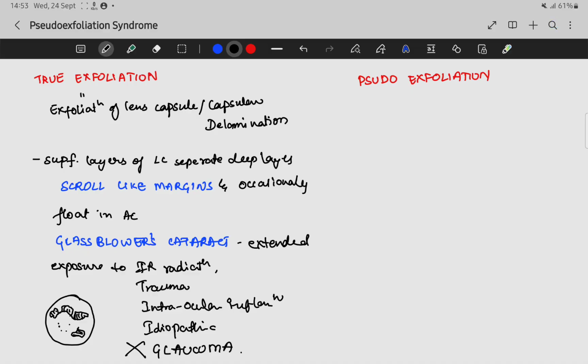Okay. Now coming to pseudoexfoliation. So this is a false exfoliation. So here there is some material which is being deposited over the lens capsule. And it can be divided into various zones. So in the central part there is a translucent zone.